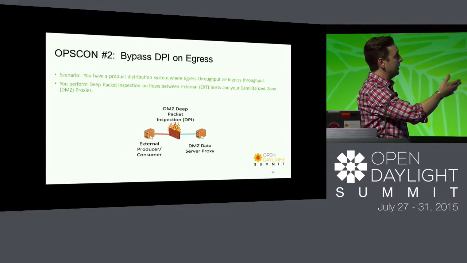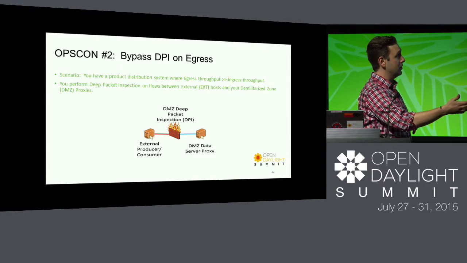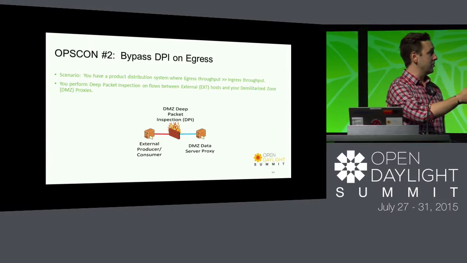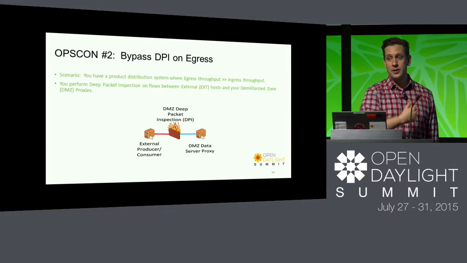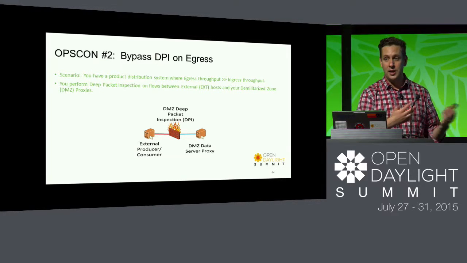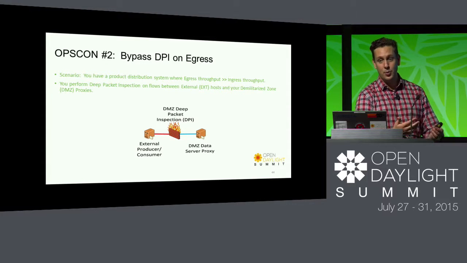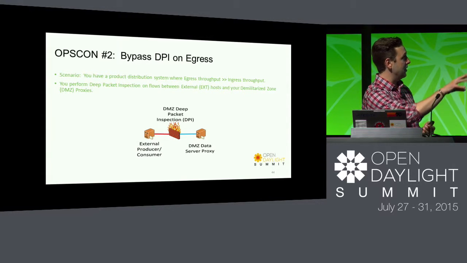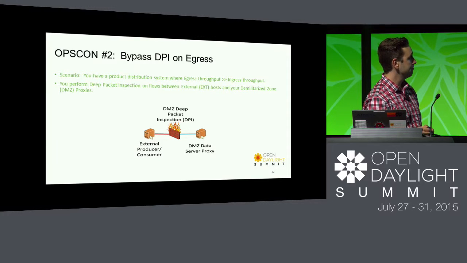This is for a product distribution system where the egress throughput is a lot greater than the ingress throughput. This scenario is near and dear to me. I'm supporting NOAA, the weather satellite, and we have a product distribution system for weather data. So the ingress is a lot smaller than the egress out to the customers.